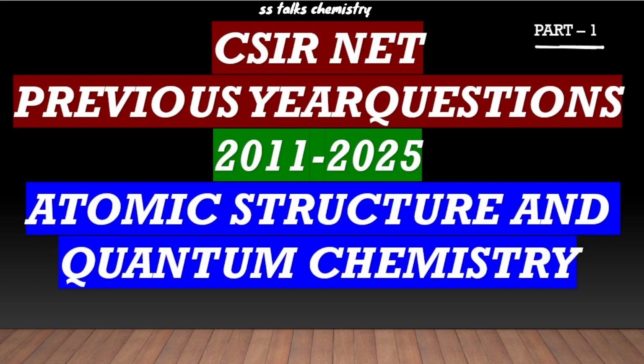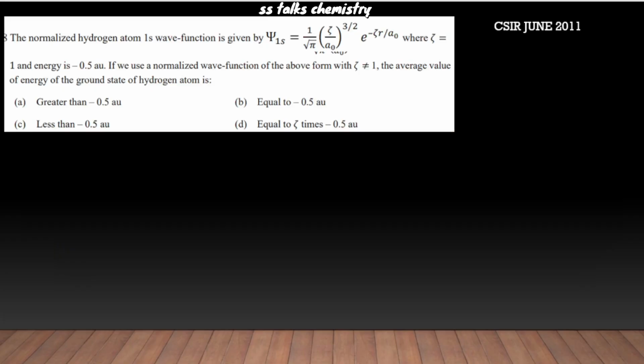So let's begin. The very first question is from the CSIR exam conducted in June of the year 2011. The question says: the unnormalized hydrogen atom 1s wave function is given by psi 1s = 1/root pi into (xi/a naught)^(3/2) e^(-xi r/a naught).